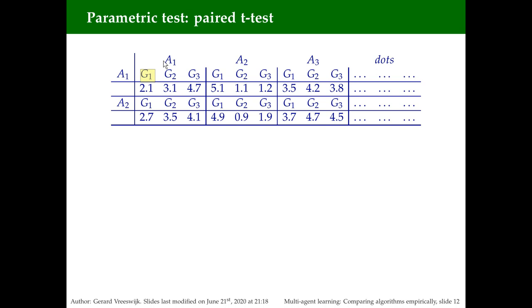If A1 plays against itself on G1, it has an average payoff of 2.1. And if A2 plays against itself on G1, so in entirely identical conditions, then perhaps it has a payoff of 2.7. These are just random numbers I've filled in to suggest a concrete example.